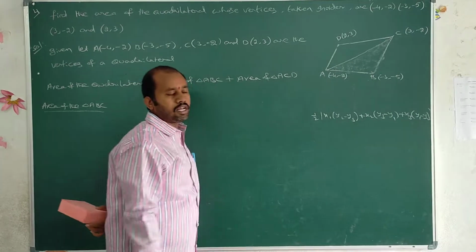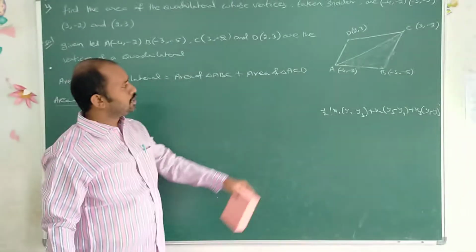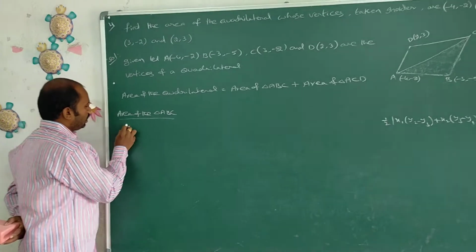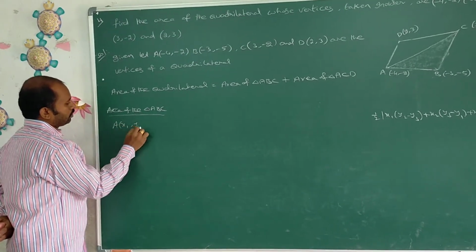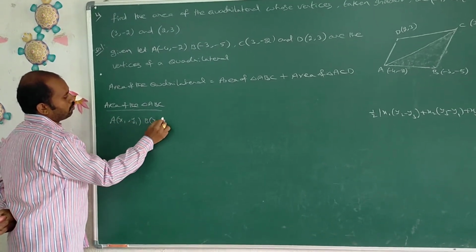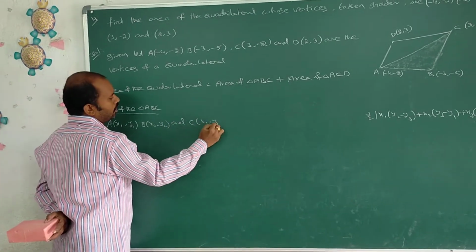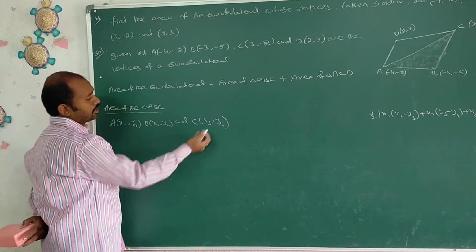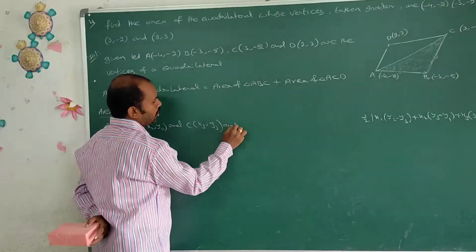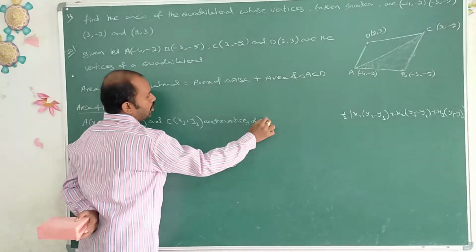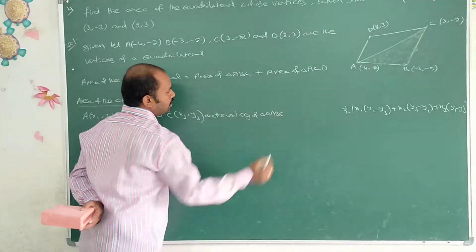This is the formula for the area of the triangle. Now we can use this formula. First you write, suppose A (x1, y1), B (x2, y2) and C (x3, y3) are the vertices of triangle ABC.